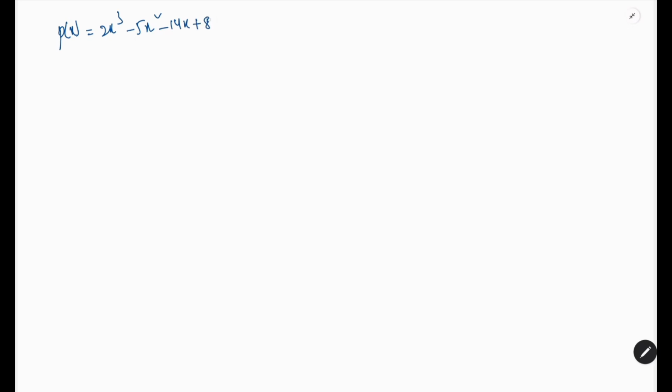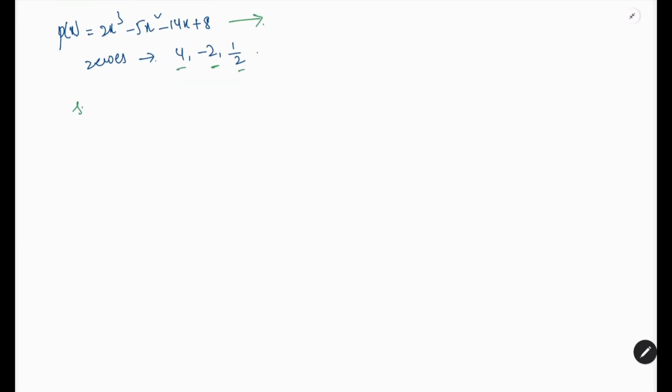For this polynomial, the zeros are 4, minus 2 and 1 by 2. That means for these values of x, the value of this polynomial is 0. These are the zeros.